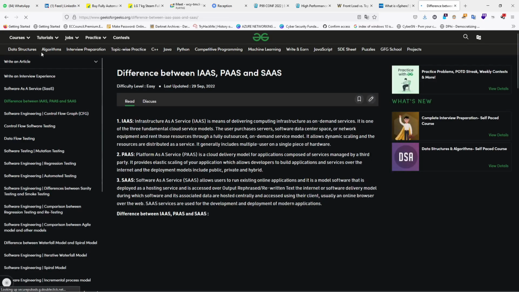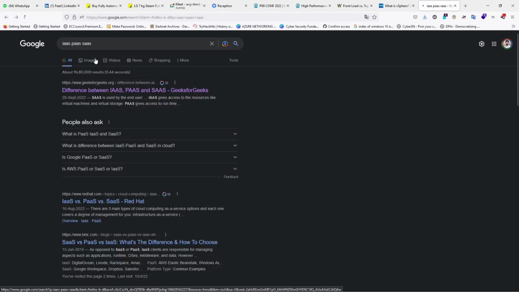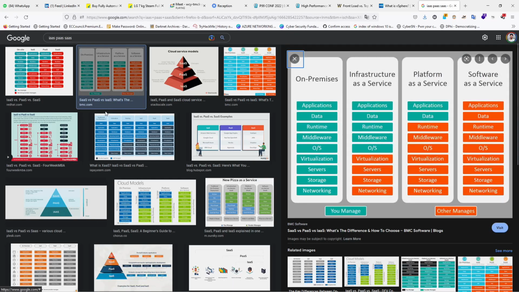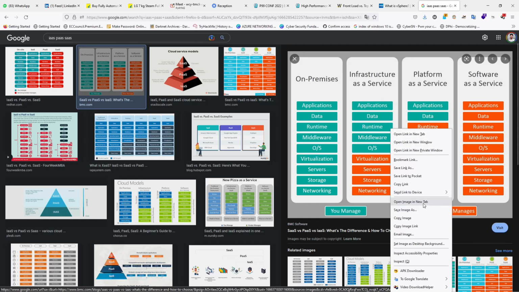Let me show this with the diagram. No issue, I will re-explain it to you.